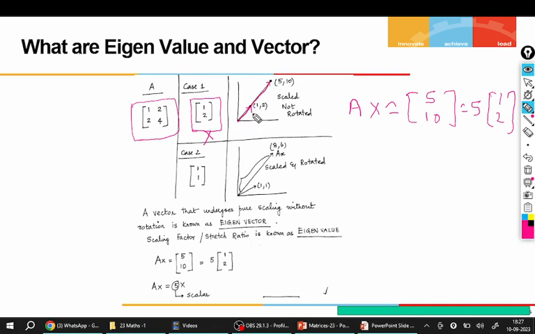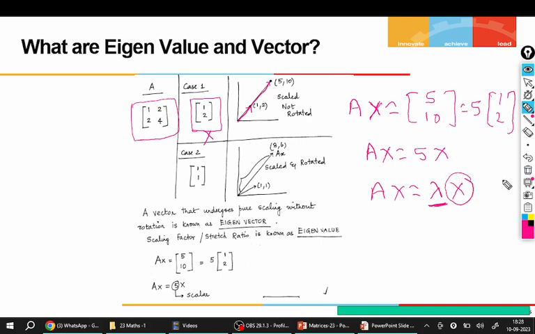The new vector and the original vector are both on the same line, meaning the vector x is not rotated. Whenever we get Ax equal to some constant times x, the constant in this case is 5, so we got Ax = 5x. In general, whenever Ax = lambda x for some constant lambda, then that lambda is the eigenvalue and the corresponding x is the eigenvector.